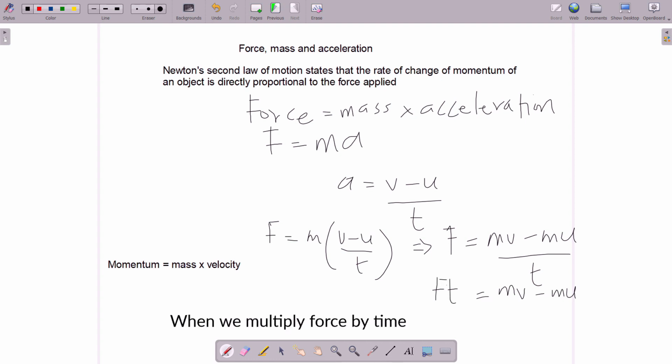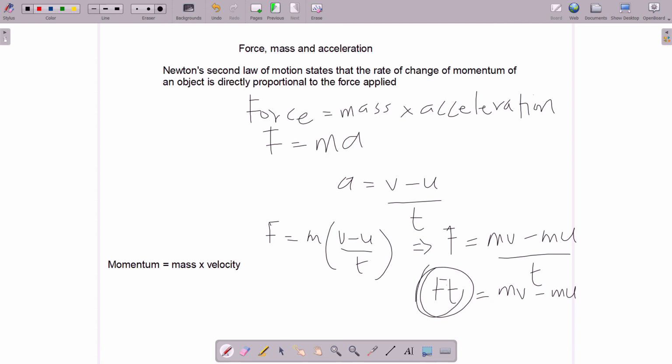When we multiply force times time, we are going to get Ft equal to mv minus mu. Now, Ft is equal to the difference in the momentum, mv minus mu.